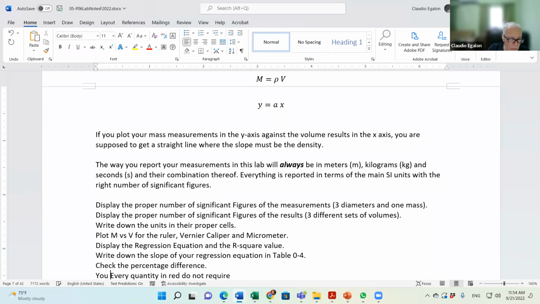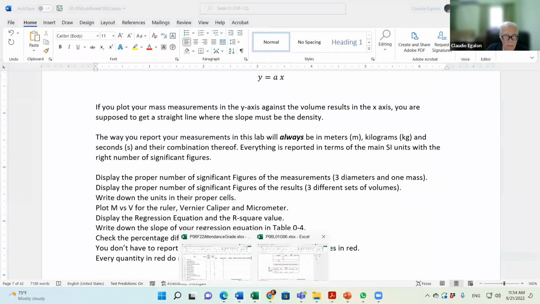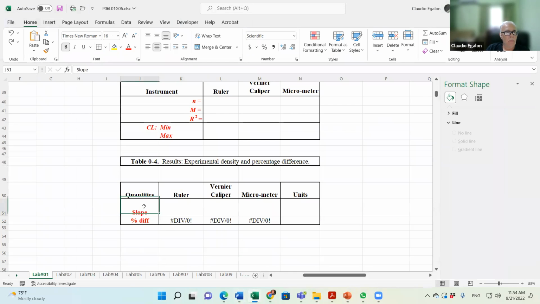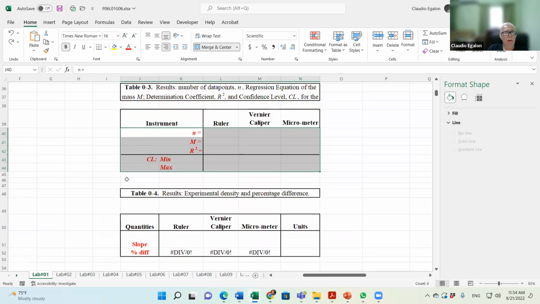You don't have to report the number of significant figures for quantities in red. Okay, so here you go. We have the slope that's in red, percentage difference in red. You don't have to worry about significant figures here. You don't have to worry about significant figures here either. Okay.